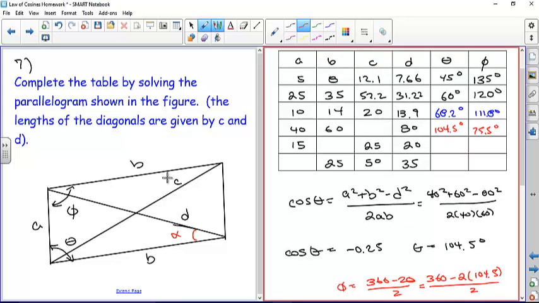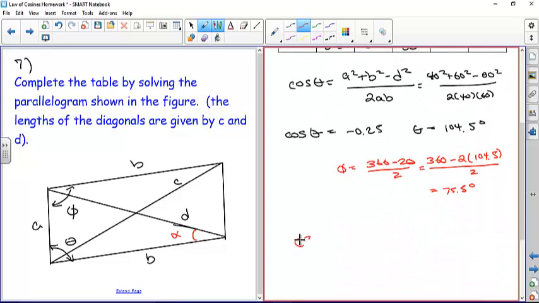So that means we can calculate C. So C squared is equal to A squared plus B squared minus 2AB times the cosine of phi. So A squared is 40 squared plus B, which is 60 squared, minus 2 times 40 times 60 times the cosine of 75.5 degrees.